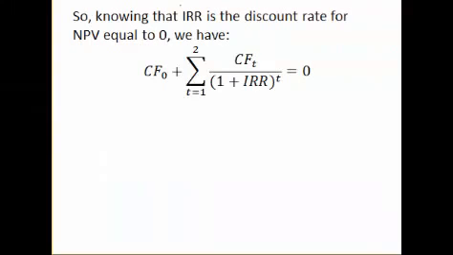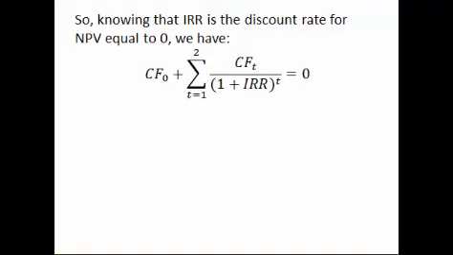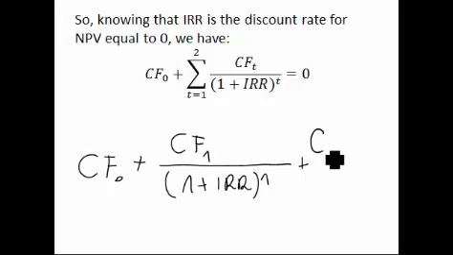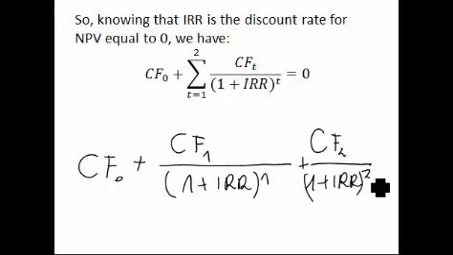So knowing that internal rate of return is the discount rate for net present value equal to 0, we can use the following formula: primary investment plus present value of cash flow in first period plus present value of cash flow in second period equals 0. So let's insert numbers to our equation.